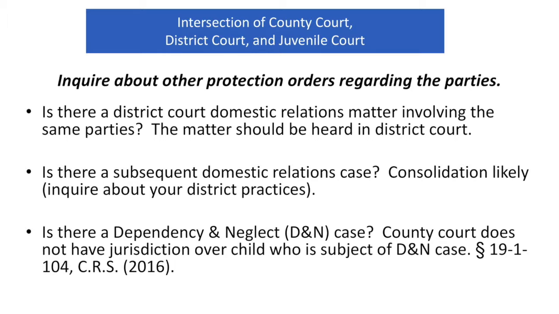If there is an existing district court family law case involving the same parties, the temporary protection order will likely be filed in the district court. The county court cannot make orders regarding children under this statute if there is an active dependency and neglect case. When the protected party requests that the restrained party be prohibited from having contact with their shared child, it raises constitutional issues that you must consider.